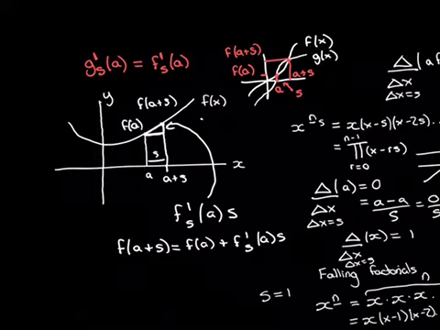And why am I saying this? Because if you have two functions that have the same value at a point and the same value of the derivative at that point, then that instantly tells you that they both have the same value at the point a plus the difference that the derivative is with respect to.